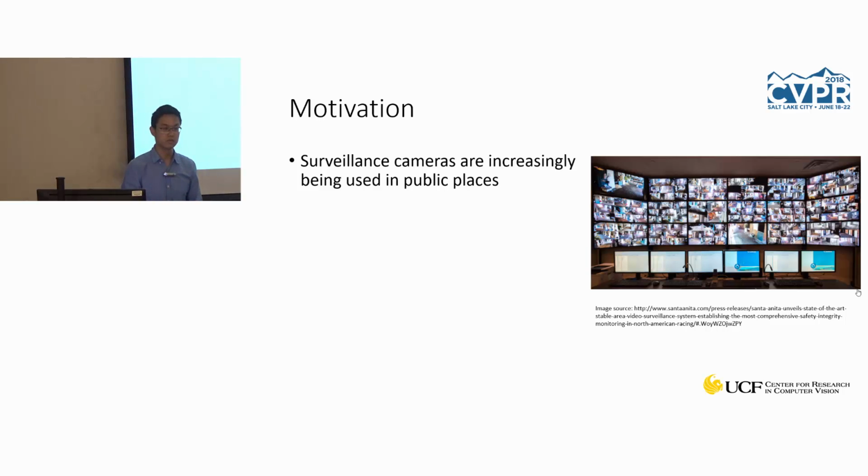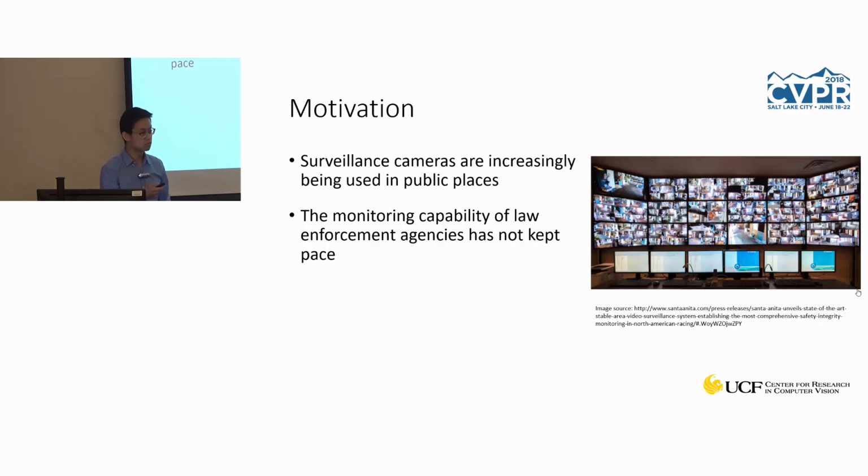So surveillance video has been increasingly used in the US, in shopping malls and other public spaces. I've been to the Orlando Police Department's monitor room. There are a lot of monitors and surveillance cameras, but not many police officers there to look at those monitors.